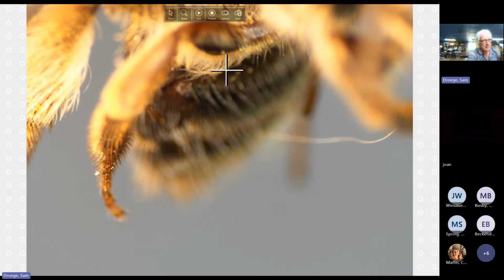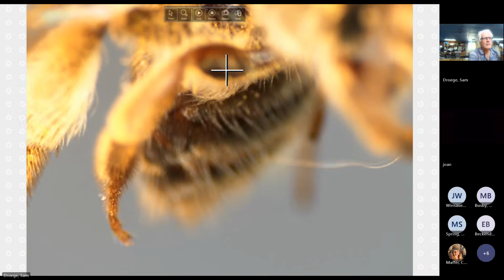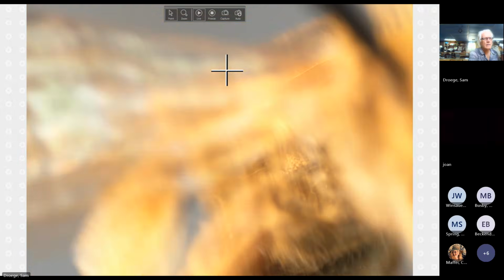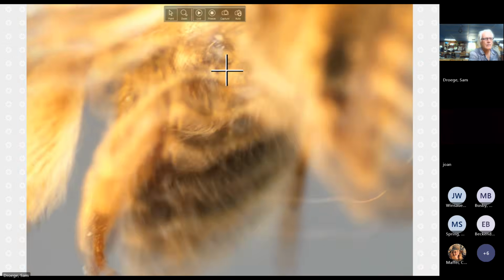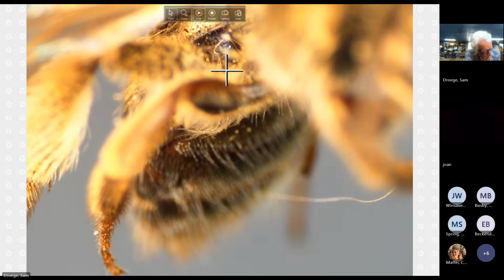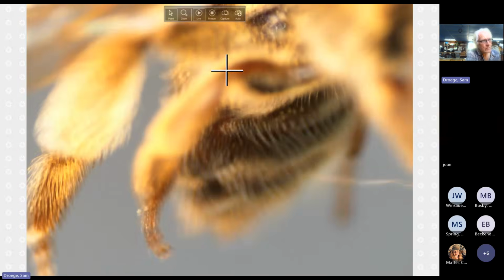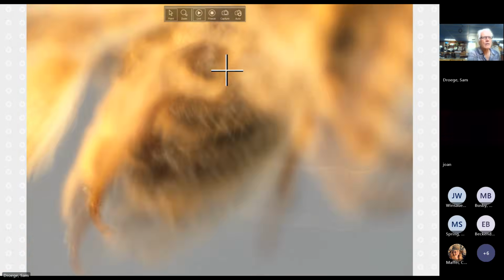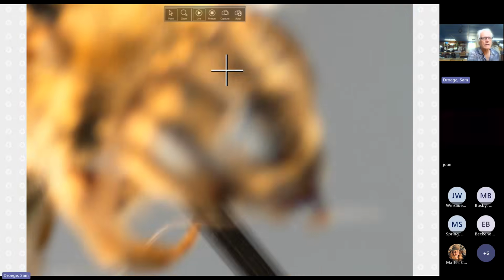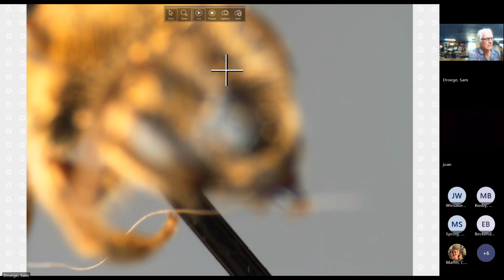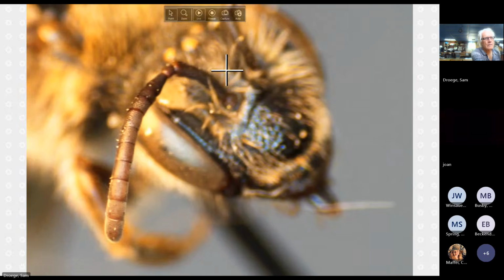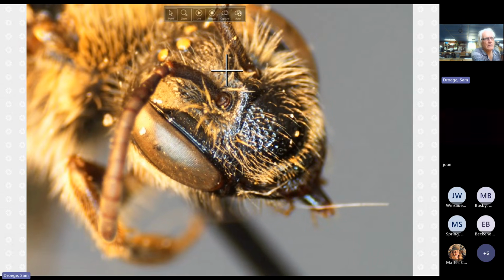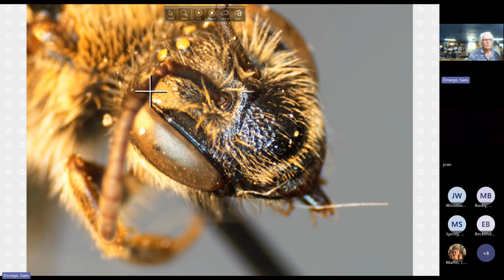And we are looking at the abdomen. Oh, hmm. Oh, there we go. Oh, this is convenient. Here's the fovea. This is the wide part.